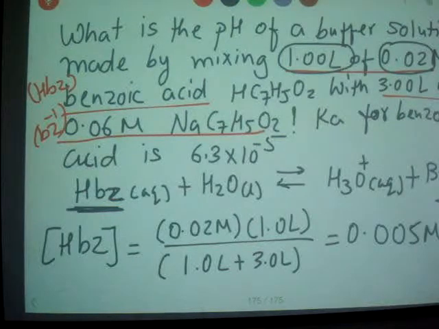Now we need to find the benzoate ion concentration. Okay, so for benzoate ion concentration we follow the same steps. We are making the total 1 liter plus 3 liters, so that's 4 liters, and we need to find the moles of benzoate ion.